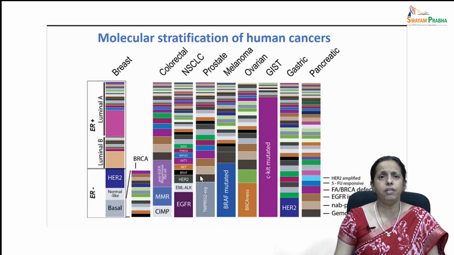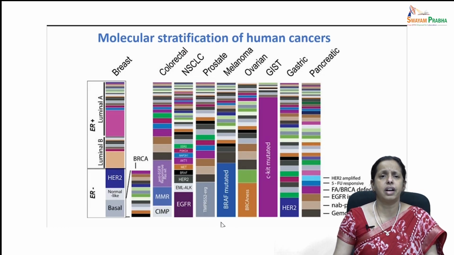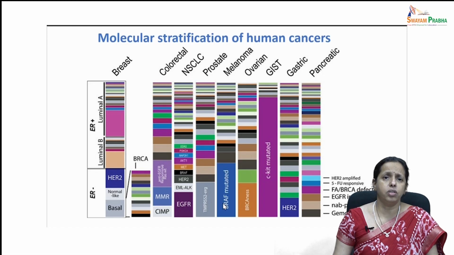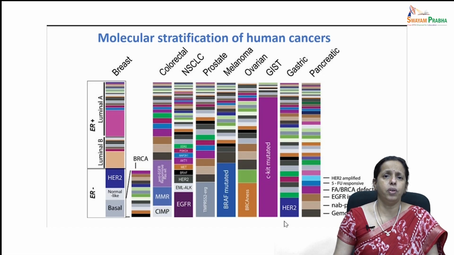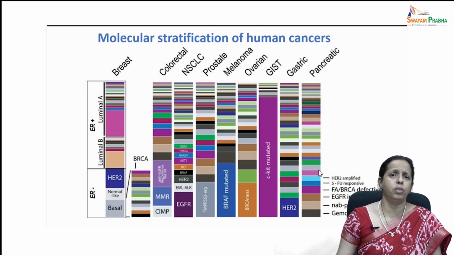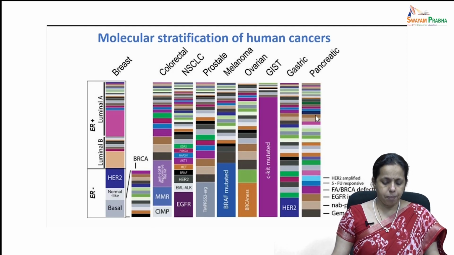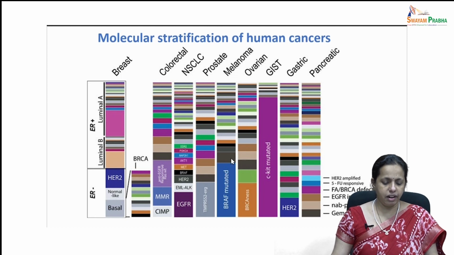Similarly for your prostate you have different stratifications, for melanomas you have the BRAF mutations, for gastric it is HER2, and for pancreatic mostly you have KRAS and so on.